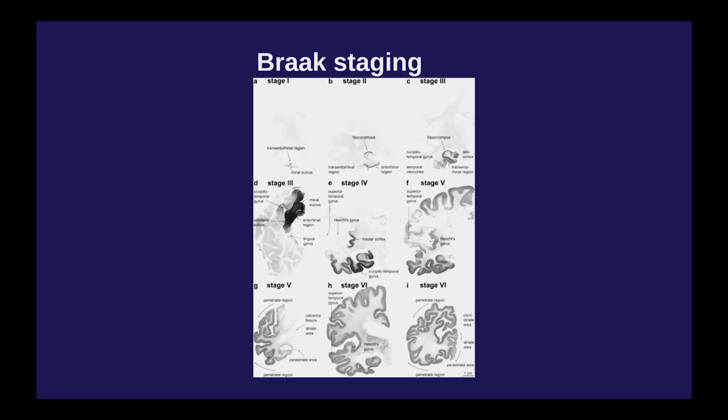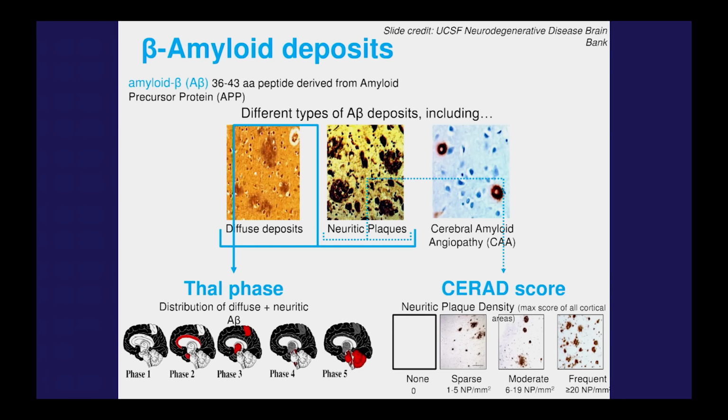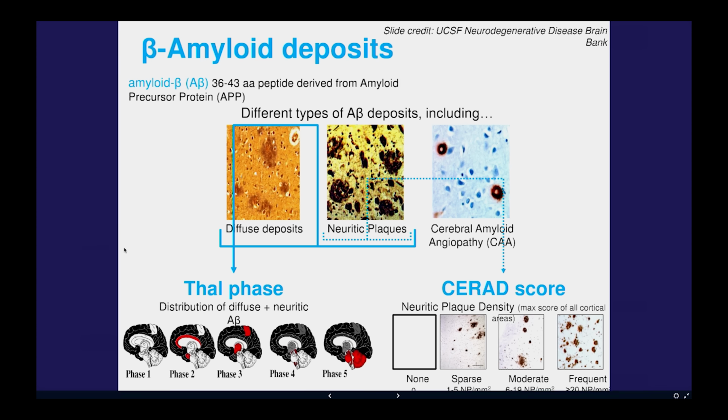All right, there are different ways in which we can stage Alzheimer's disease from a pathology perspective. And let me actually start with the beta amyloid staging. So we had talked about these two different types of amyloid, the diffuse deposits and then the neuritic plaques.